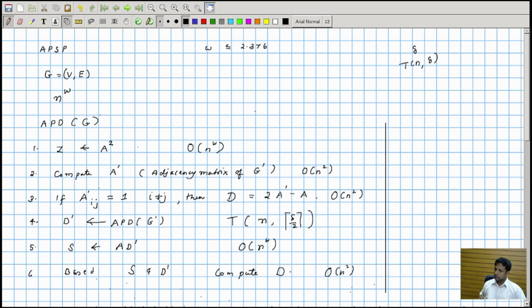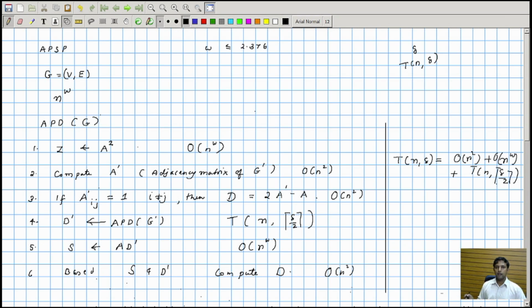So the entire time taken can be written as a recurrence relation: T(n, delta) is equal to O(n) square plus two matrix multiplications, so plus O(n) to the power omega, plus T(n, delta by 2).